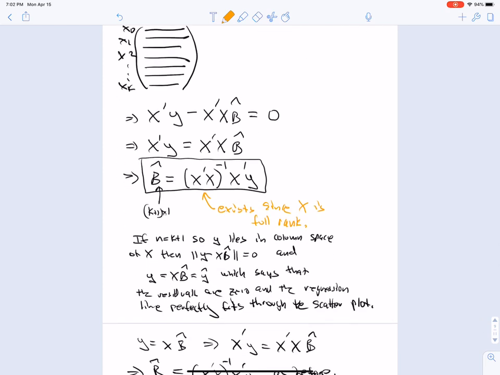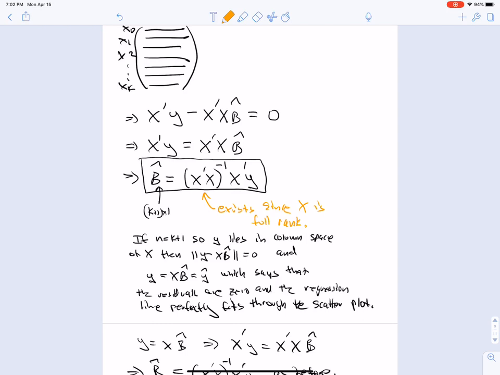In the case when n is equal to k plus 1, this is a very, very simple case. Then y lies in the column space of x, and so the distance from y to the column space of x is 0. And remember, x beta hat is the projection onto the column space.